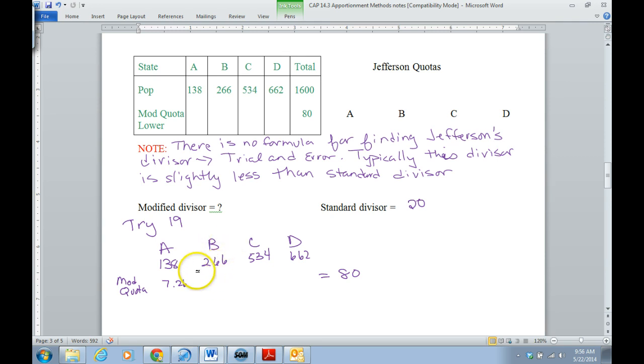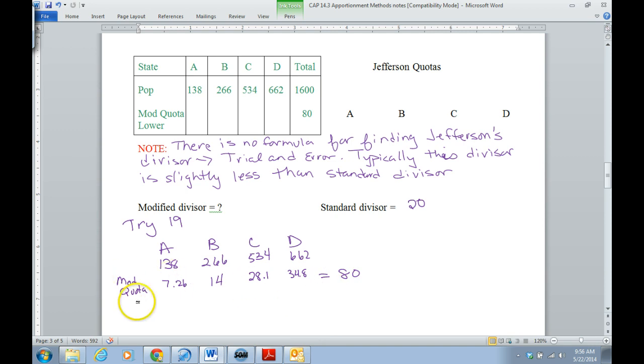The second one is 266 divided by 19. You actually get 14. 534 divided by 19 is 28.1. And 662 divided by 19 is 34.8.